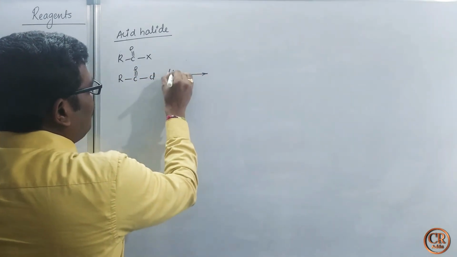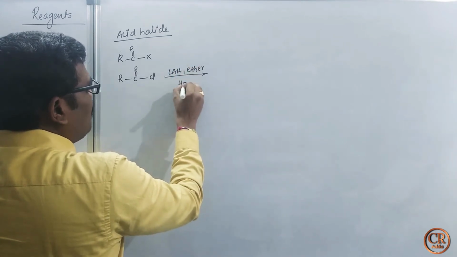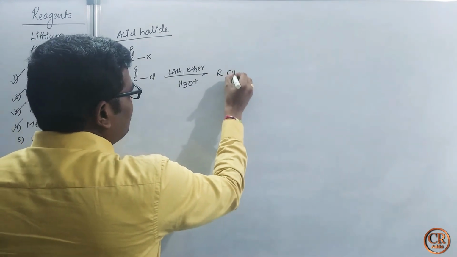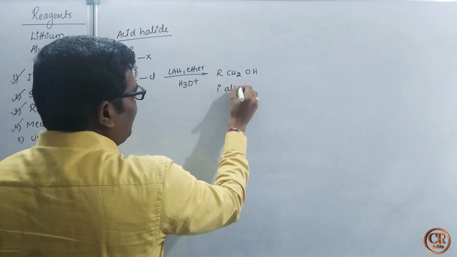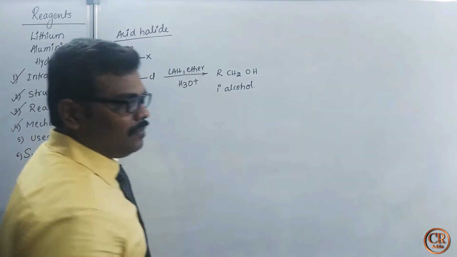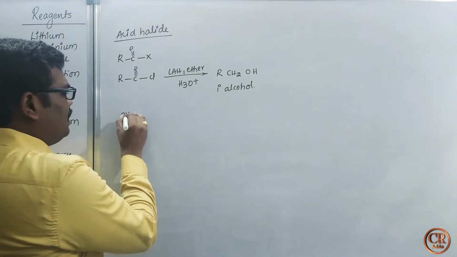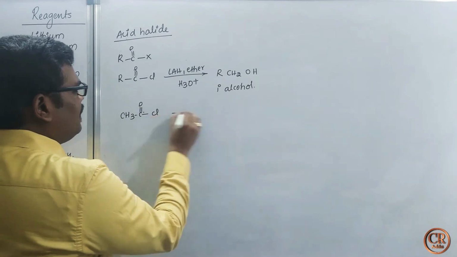When it reacts with lithium aluminum hydride in ether followed by acid hydrolysis, it gives RCH2OH. Remember, this is a primary alcohol. Let us take one example. CH3 C double bond OCl.